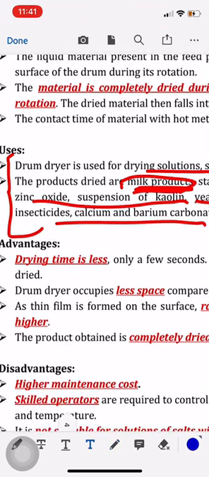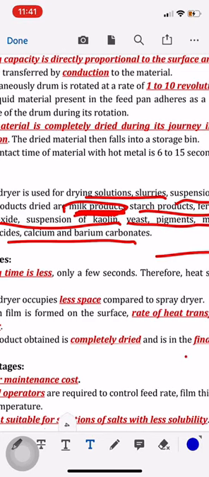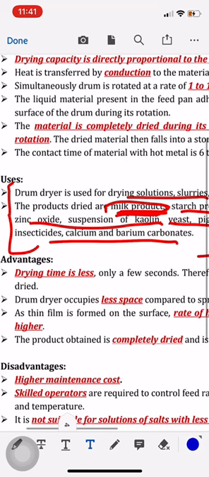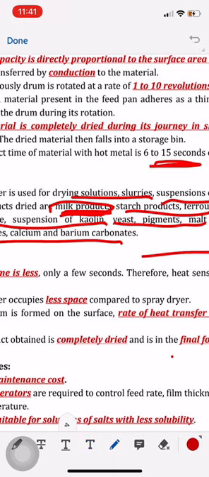Now, if we talk about advantages, the drying time is very less. In hot air oven, I told you one cycle is around 30 to 40 minutes, depending upon the material and moisture content. Whereas in case of this drum dryer, the drying time or contact time is approximately 6 to 15 seconds only. So it is a huge difference.